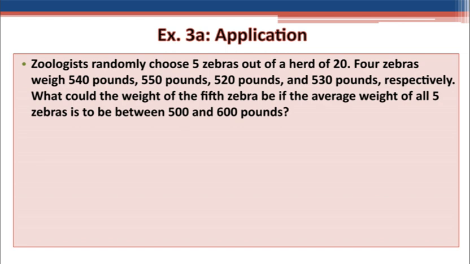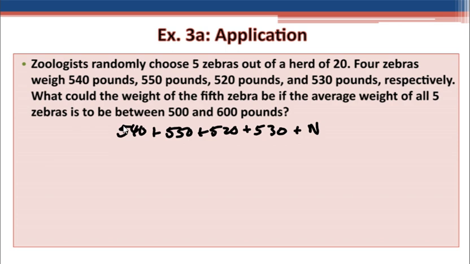So 5 zebras out of the 20, so let's write our inequality. We have the weight of 540 plus the 550 plus the 520 plus the 530 plus the 5th one. We're just going to call that one n.